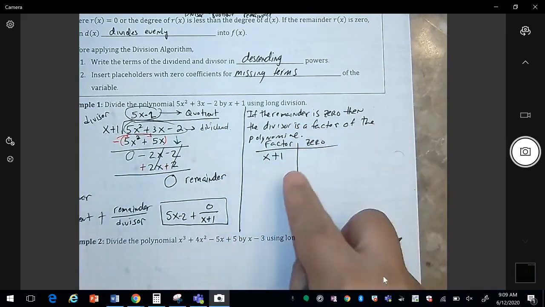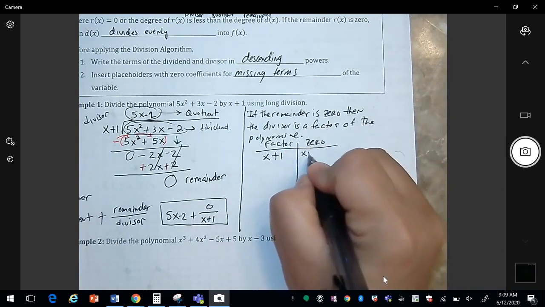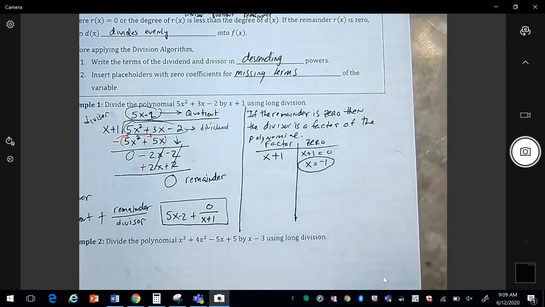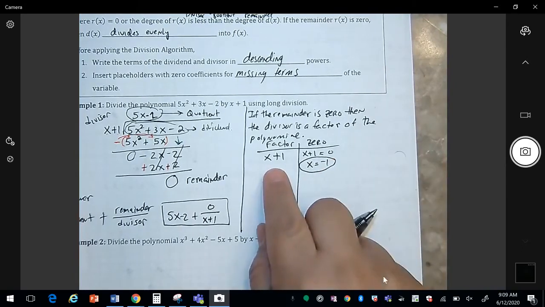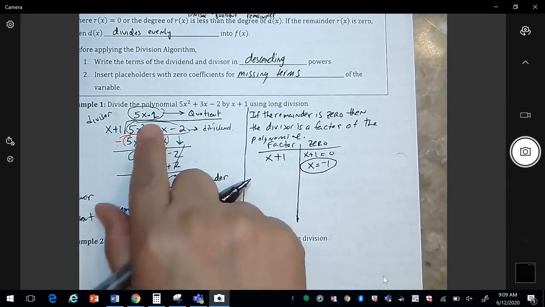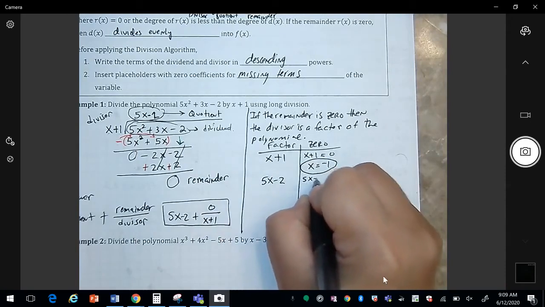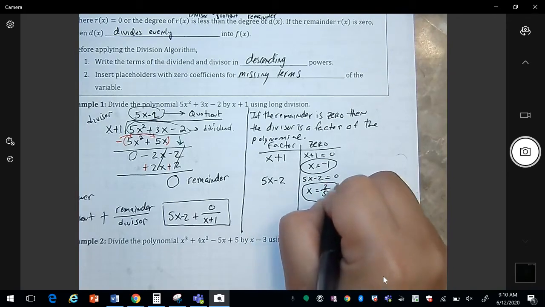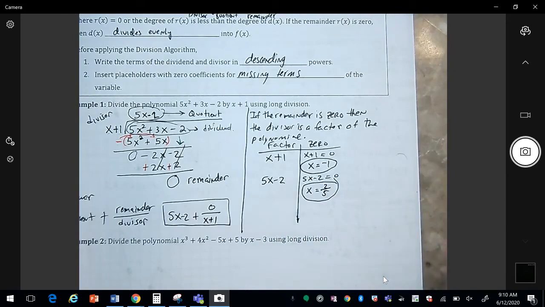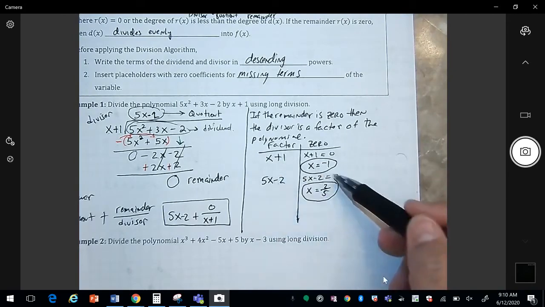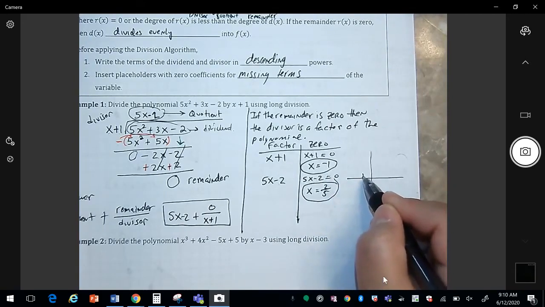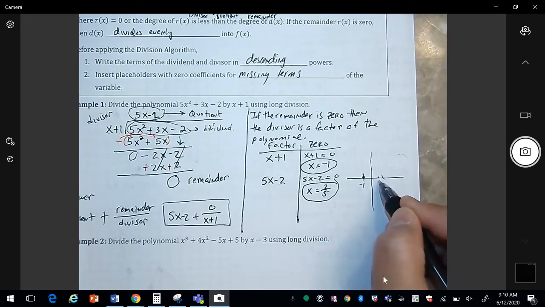And once we know the factor, then we can find the 0 by setting that factor equal to 0. Since the remainder is 0, the quotient will also be a factor. So we get that x is equal to 2/5 is your other 0. Okay, so your factor and quotient would give zeros, which again is what we were looking for in the last section. Here's negative 1 and then 2/5.